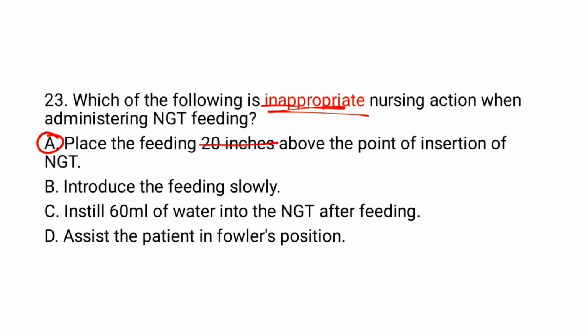Masyadong mataas na po ang 20 inches. That will cause the feeding to enter the stomach too rapidly and can potentially cause discomfort, nausea, and vomiting. Tanong, gaano ba dapat kataas? The correct practice is to position the feeding container at a moderate height, typically around 12 inches above the insertion site. Okay, yung 20 inches, masyado na pong mataas yan.